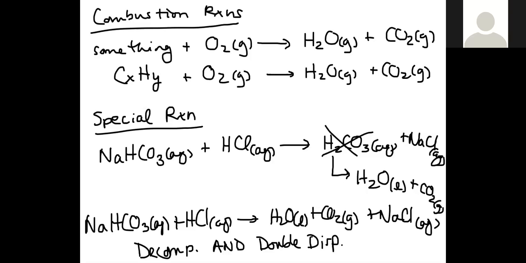Does everybody see how we got H2O and CO2 from H2CO3? We have the two hydrogens and the three oxygens, 1, 2, 3, and then we have one carbon, which is CO2. This is just something you will have to remember, okay? If you get a product that comes from an acid and an HCO3, it creates H2CO3, and then that breaks down into H2O and CO2. Any questions on that?